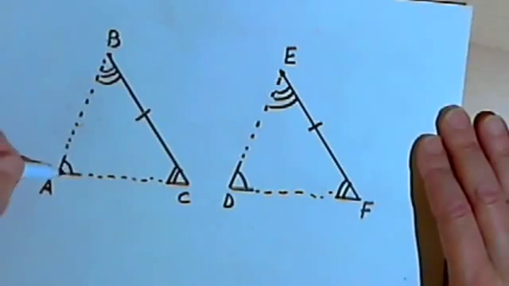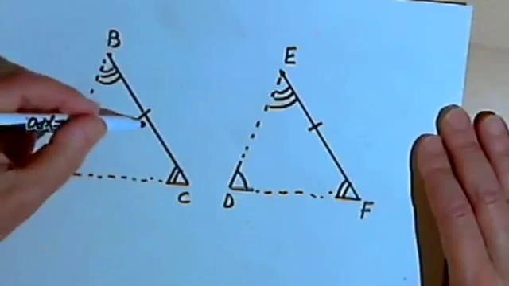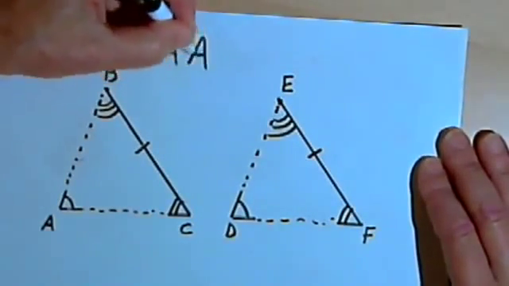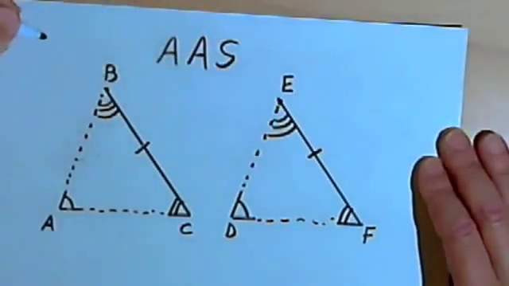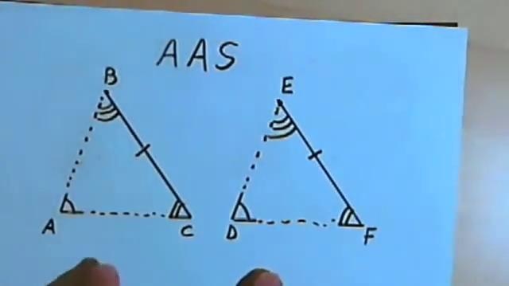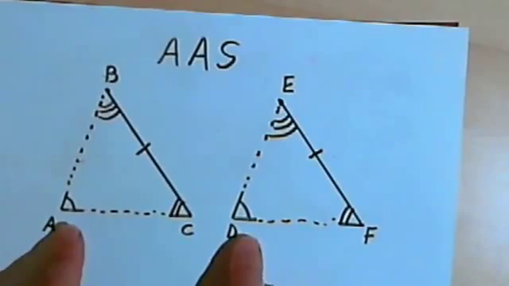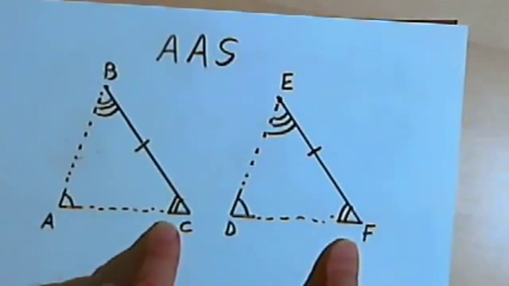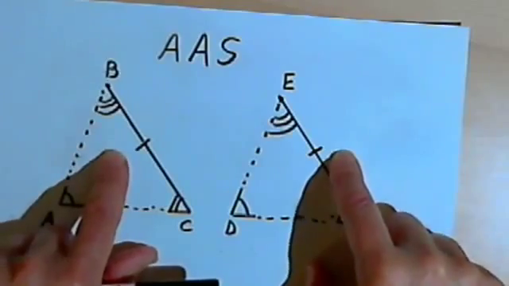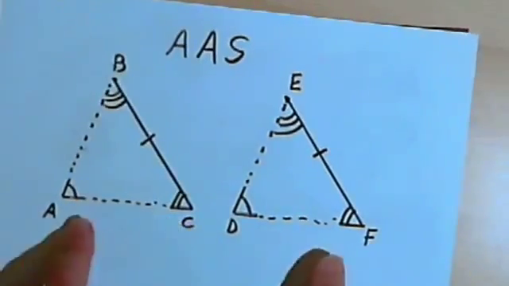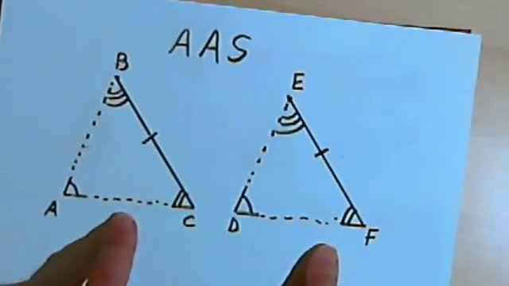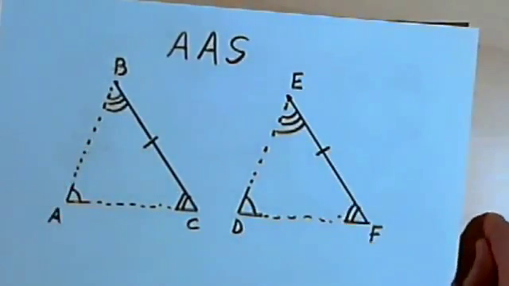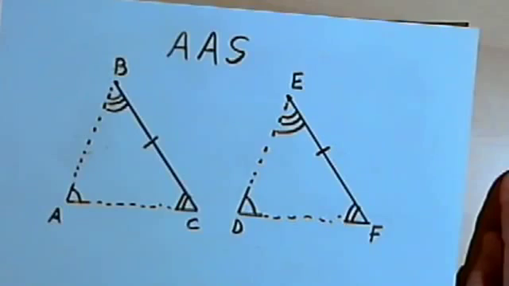But I started out just knowing that they had angle, angle, side. So that means I can say that there's a congruence that we'll call angle-angle-side congruence. If you have two triangles, a pair of congruent angles, another pair of congruent angles, and then a pair of congruent sides that aren't even between those two angles, so we've got angle, angle, side, these triangles are going to be congruent also.